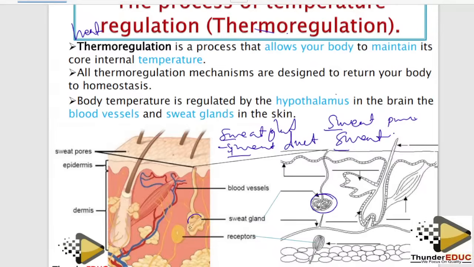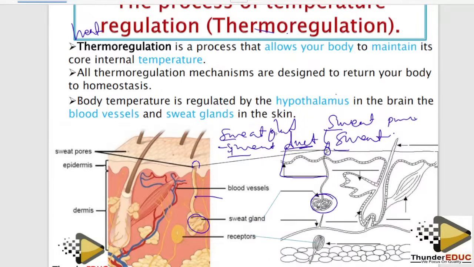This is the sweat gland we are talking about. The sweat duct is a tube which transports the sweat. The sweat pore is the hole where sweat moves out, where you see the liquid when you are too vigorous with an activity. So you have to know how to label it.